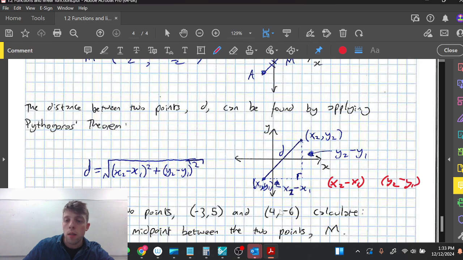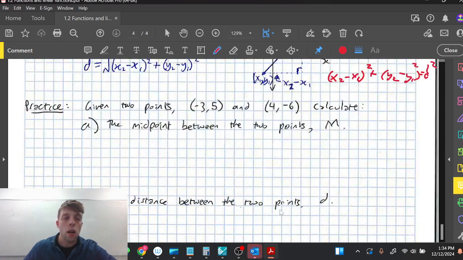So if we put this into the form a squared plus b squared is equal to c squared, and c is d, the distance of this line, the length of that line, the magnitude of that line, whatever you want to call it, we have this relationship here. And if we square root both sides, we end up with d is equal to the square root of (x2 minus x1) squared plus (y2 minus y1) squared.